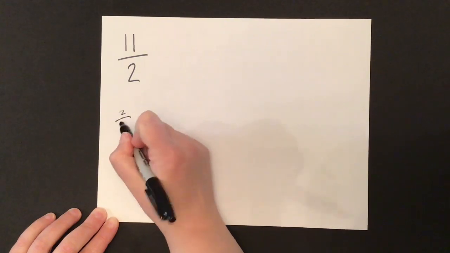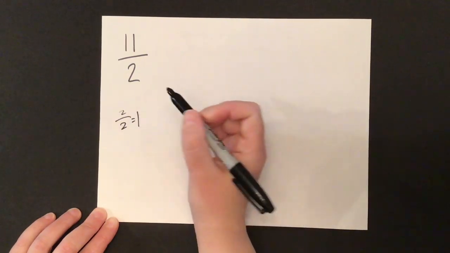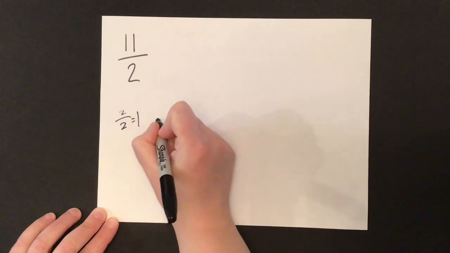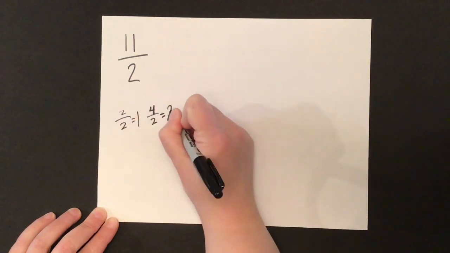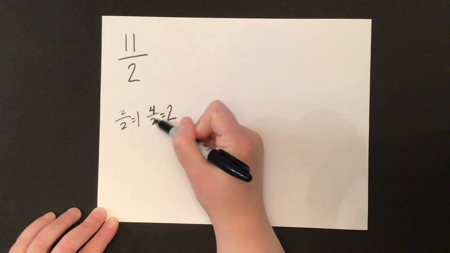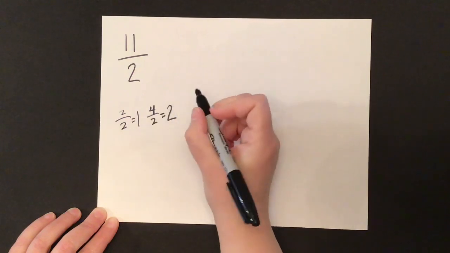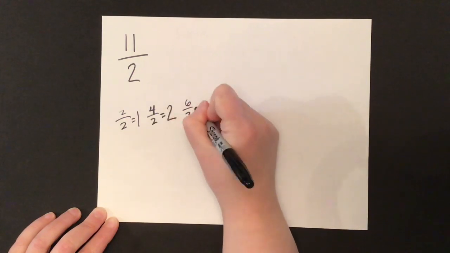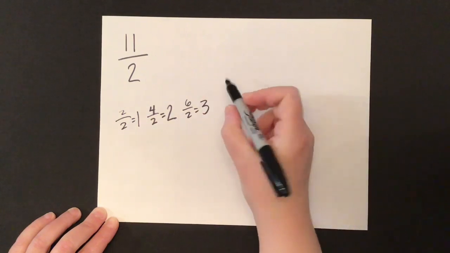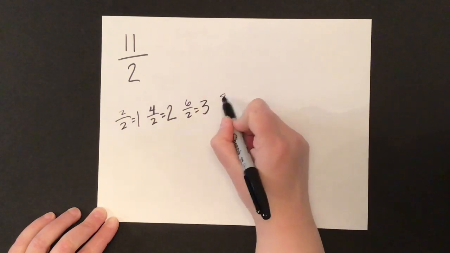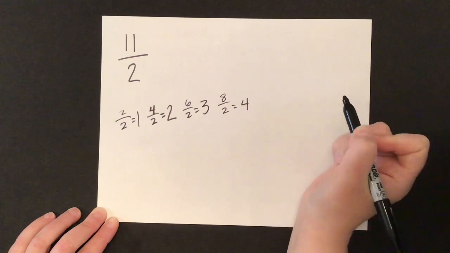And I know that 2 halves equals a whole. So I know that if I kept that up, if I did 4 halves, that would be 2 wholes. If I had 6 halves, that would be 3 wholes. If I had 8 halves, that would be 4 wholes.